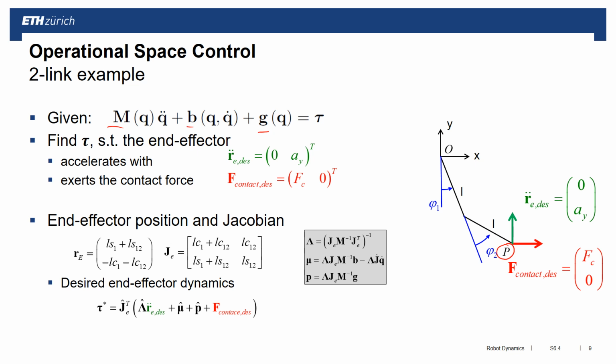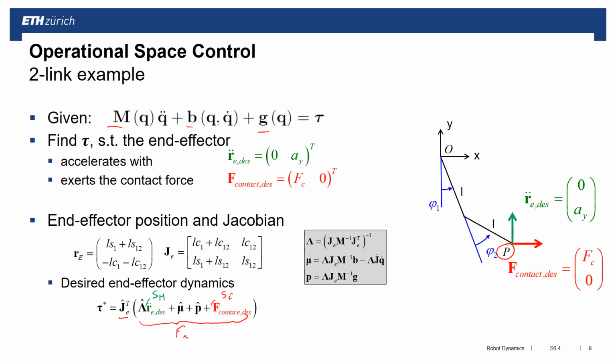Namely, we have to multiply it with Jacobian transposed. In here we have the end effector force, which is given by the acceleration part plus mu plus p plus the contact part. Now you might ask, what the hell are the selection matrices in here? Now the selection matrices are implicitly in here, so we have here a selection matrix for the motion, and we have here a selection matrix for the forces.